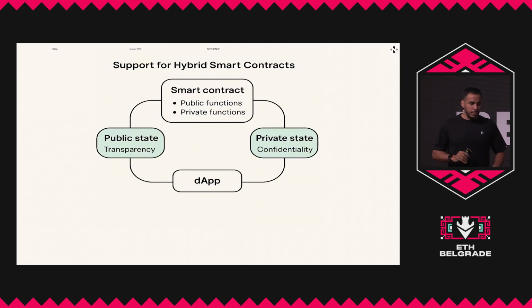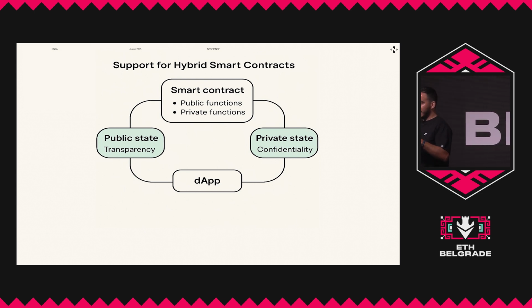So what are we doing now? Now we are trying to work on hybrid smart contracts. We want to build logic under the same smart contract where public functions and private functions touch either public state or private state within the same logic.